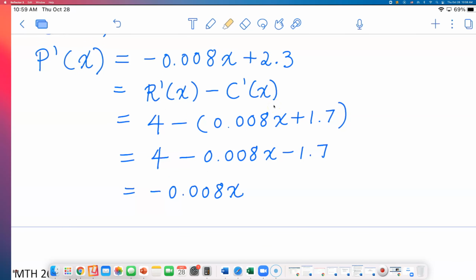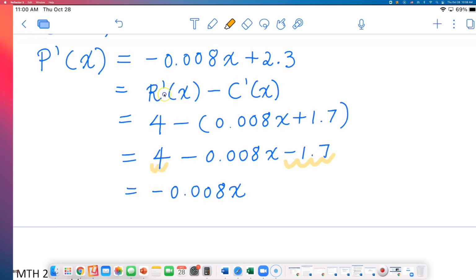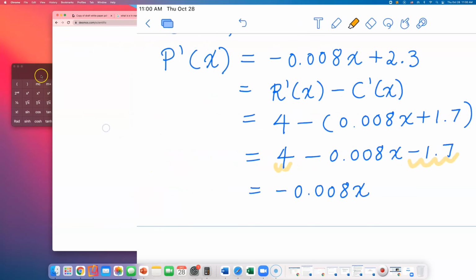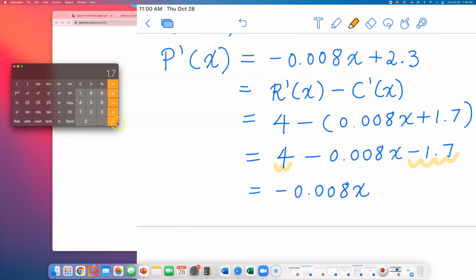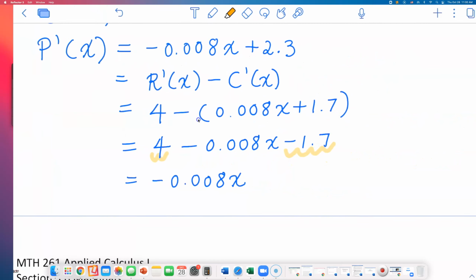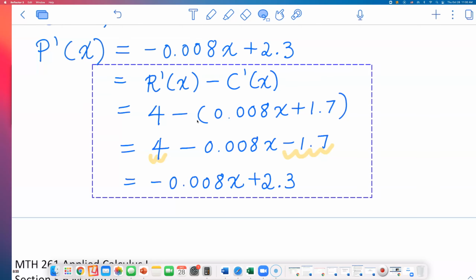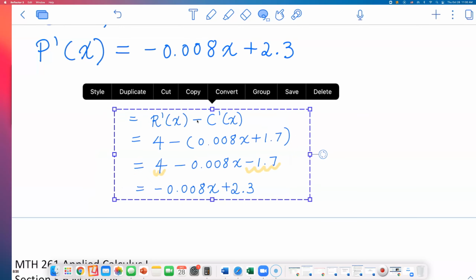And now I'm combining the like terms. If I do 4 minus 1.7, I get 2.3. Yeah, that was 2.3. I clicked on equal sign one more time. 4 minus 1.7, that comes out to be 2.3. So, okay, I just did it in 2 different methods.